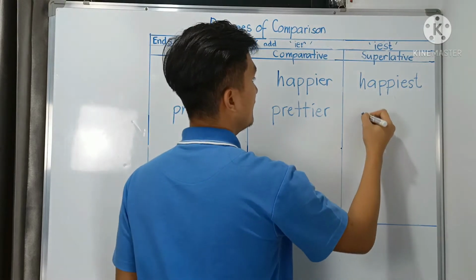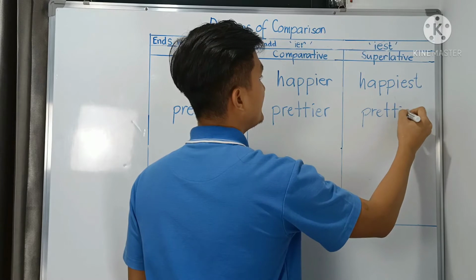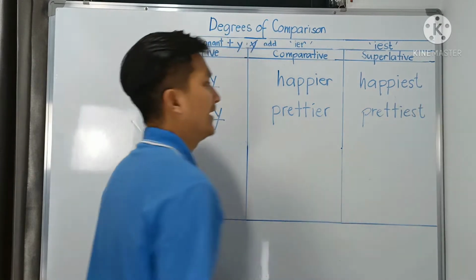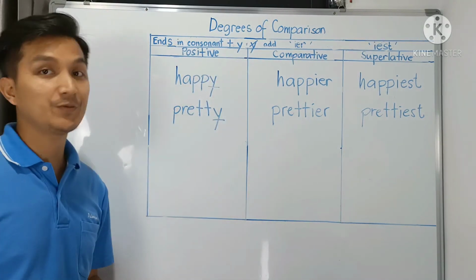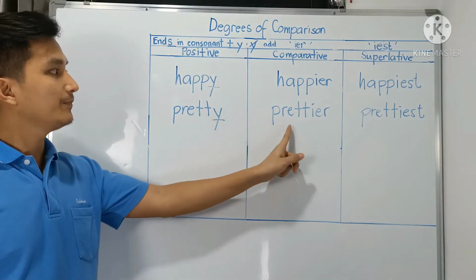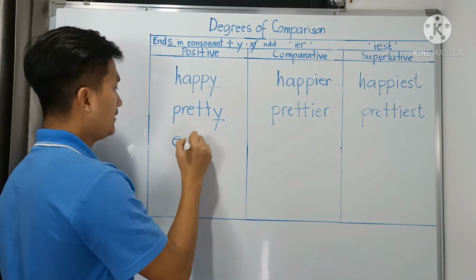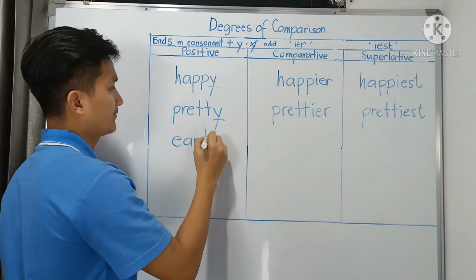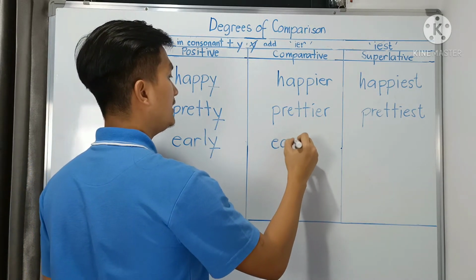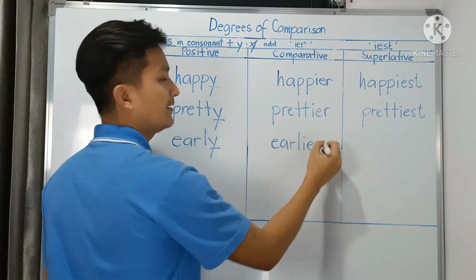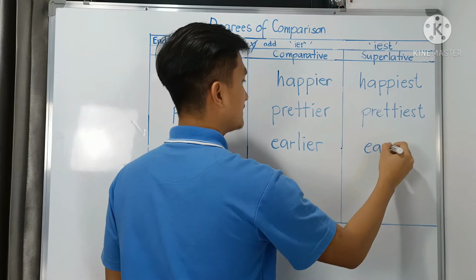And here, prettiest. Students, it's very easy if you follow the rules. Pretty, prettier, prettiest. How about the word early? Earlier. And here, earliest.